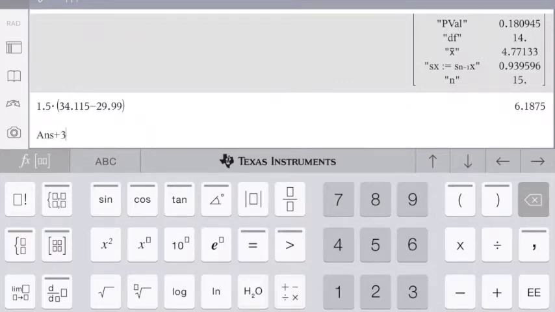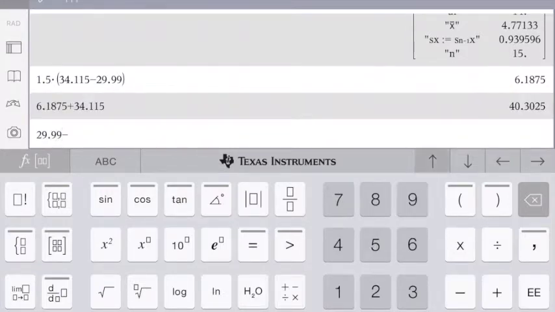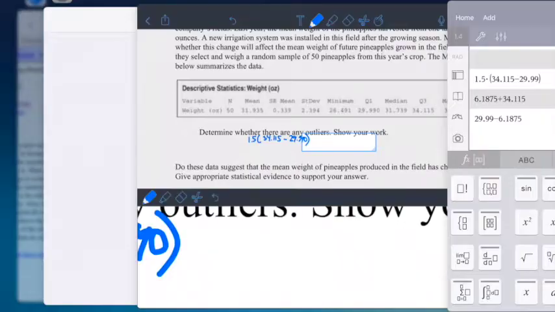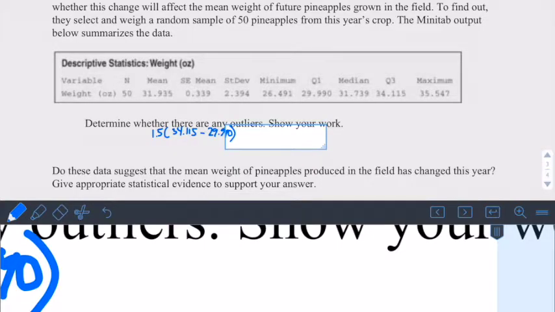So plus 34.115. So there's our threshold, and if our max or our min is outside of those, then we have outliers. So our minimum is not, and our maximum is not, so there are no outliers.